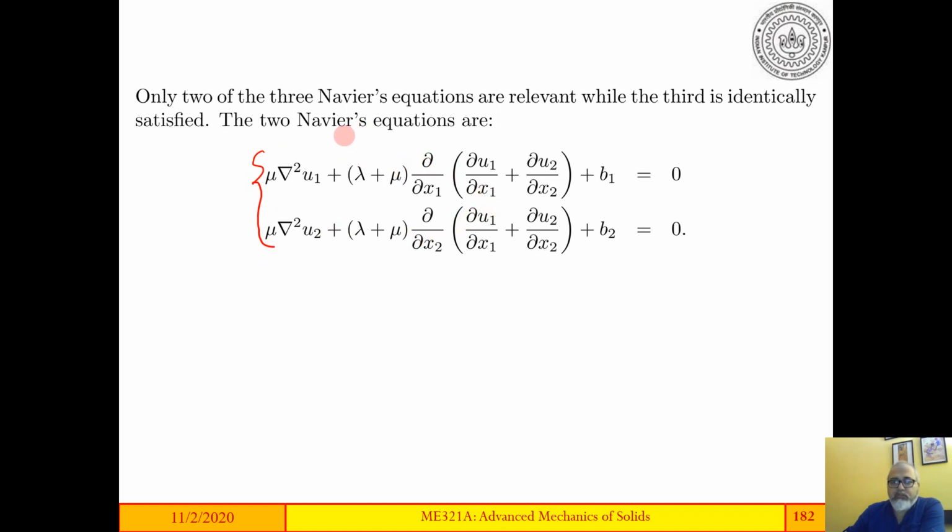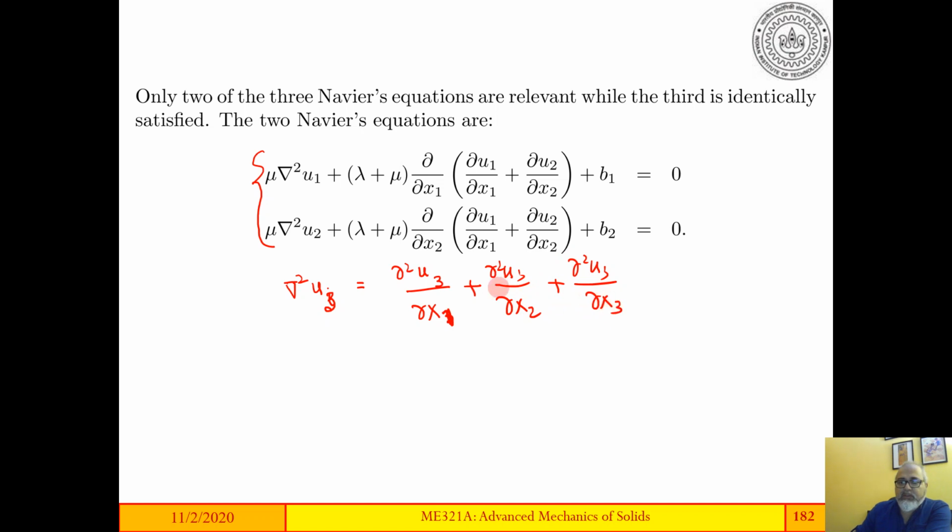Okay, so this is plane strain, and in plane strain, the Navier's equations also reduce to only these two. For i equal to 3, del square u3 is now del square u3 del x1 plus del square u3 del x2 plus del square u3 del x3. So this is identically equal to 0.